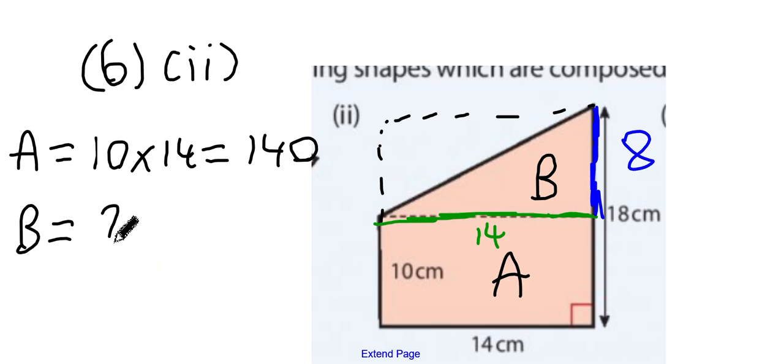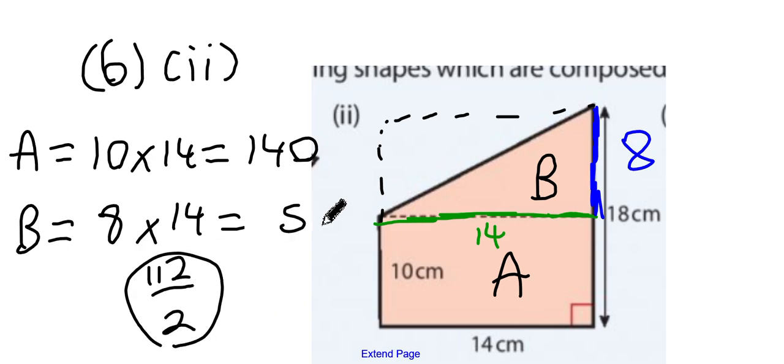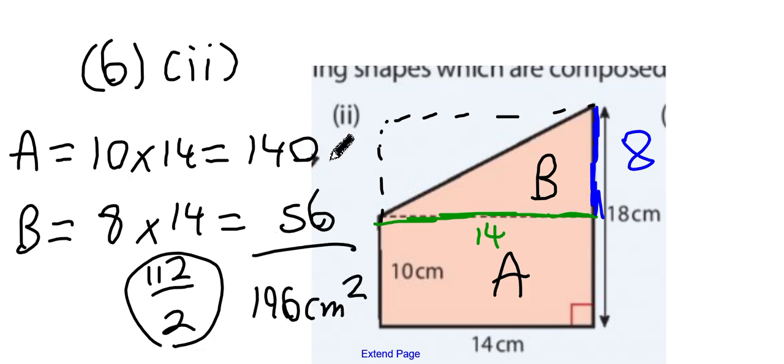So what's 8 multiplied by 14? 112, I think. You check it again for me. And then 112 divided by 2? 56. 140 plus 56? Who got 196 for that?